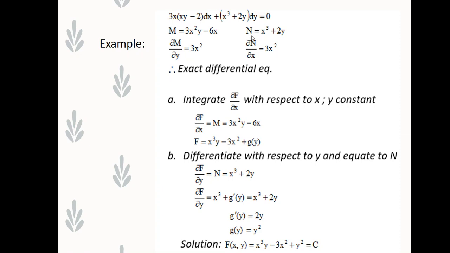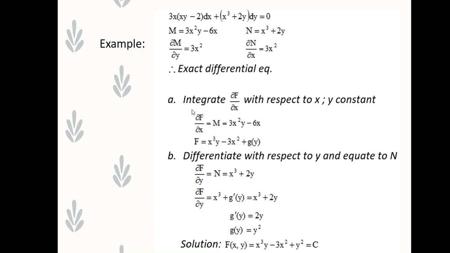Now, n will be partially differentiated in terms of x, so the 2y will be a 0 because y is a constant just like 2, and x cubed will be 3x squared when partially differentiated with respect to x. Now, since the two are equal, we conclude that our DE is exact, and we will this time follow method 2.